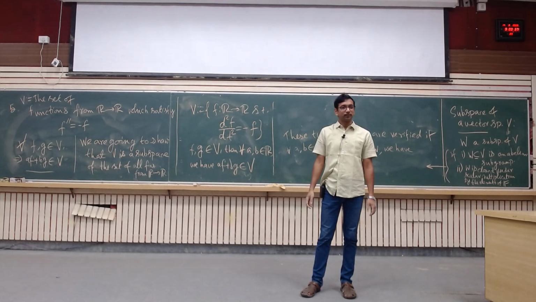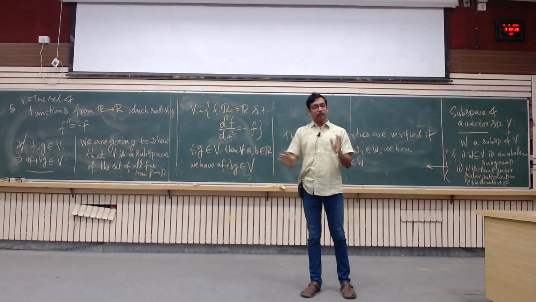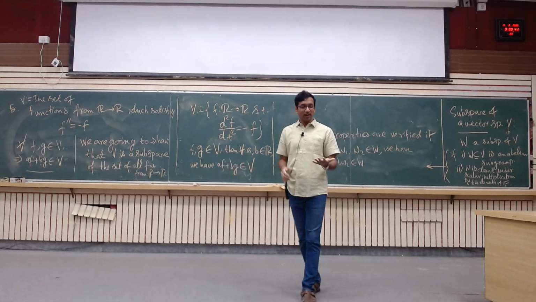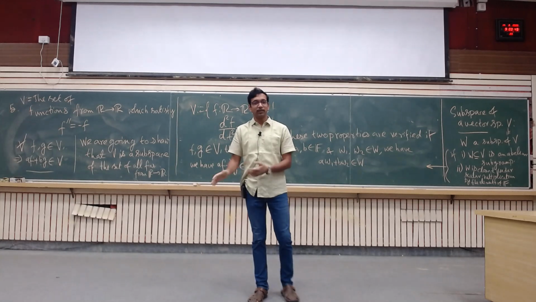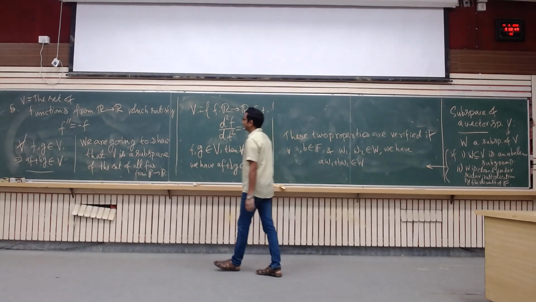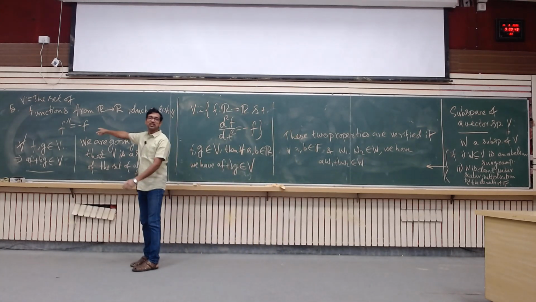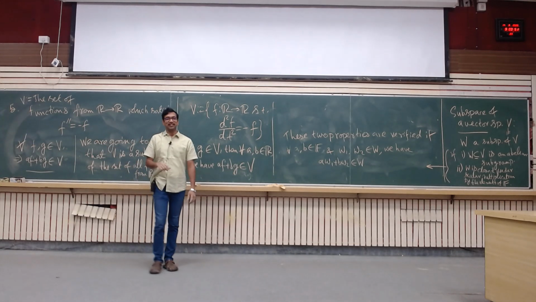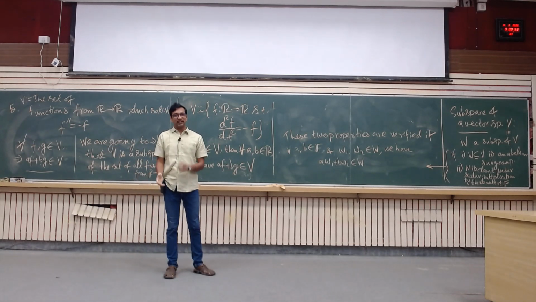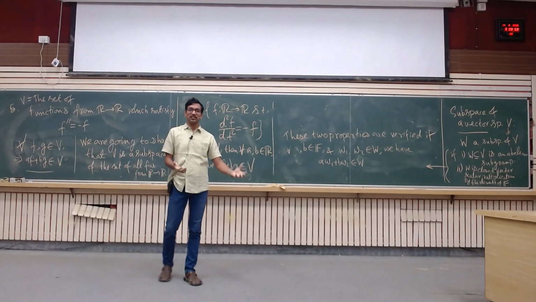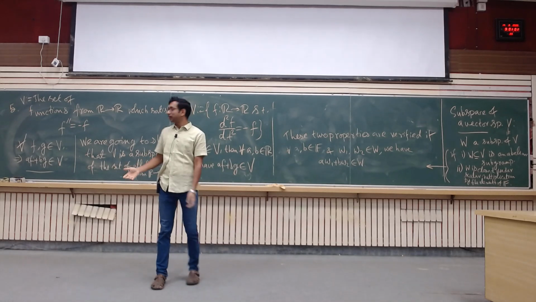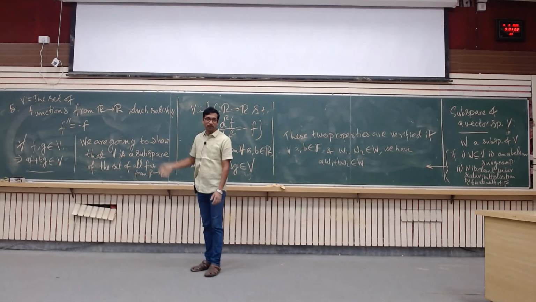At first you have to show that there exists some solution. Check whether 0 satisfies this, because you need the identity there. If 0 satisfies this, then your space is not empty, so your space has at least one element, 0.